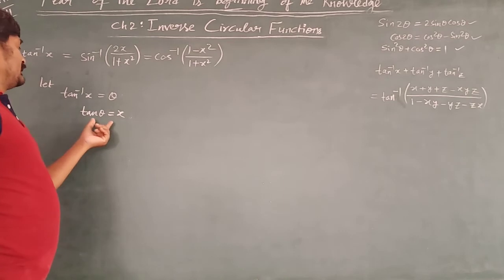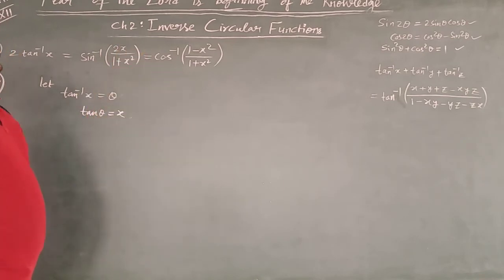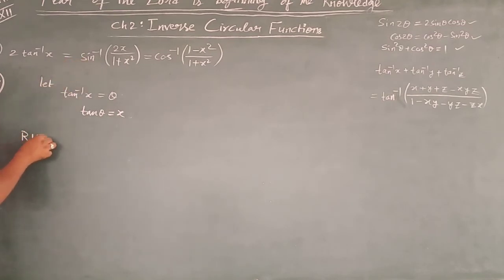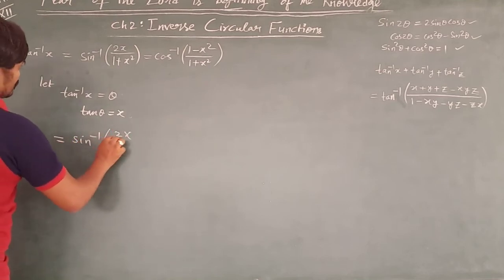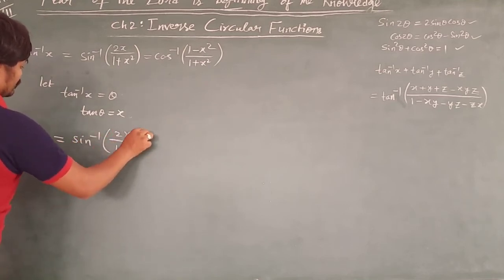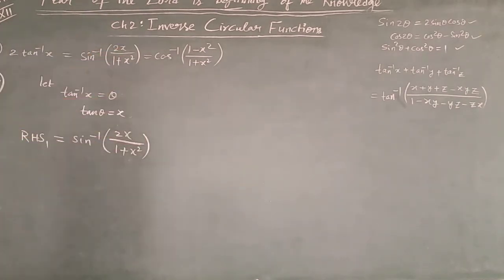Just substitute tan theta is equal to x in this RHS. So this is your RHS1. RHS1 is equal to sin inverse 2x upon 1 plus x square. Wherever x is there, let's substitute tan theta.